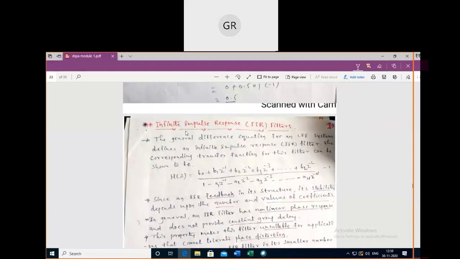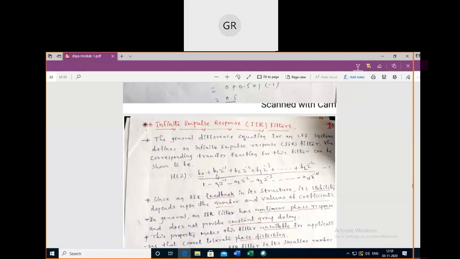Now about the infinite impulse response filter. The general difference equation for an LTI system defines an infinite impulse response filter. The corresponding transfer function can be shown here: H of z, which is Y of z divided by X of z. These are the poles.